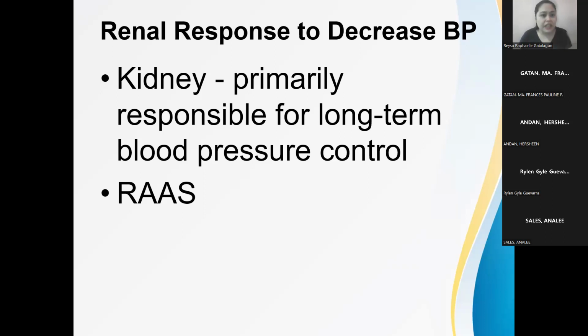Now, how do kidneys regulate our blood pressure? It's through the renin, angiotensin, aldosterone system. I will discuss it later because it is a long system. Just take note that the RAAS takes place in the kidneys, and they are responsible for the regulation of our blood pressure.